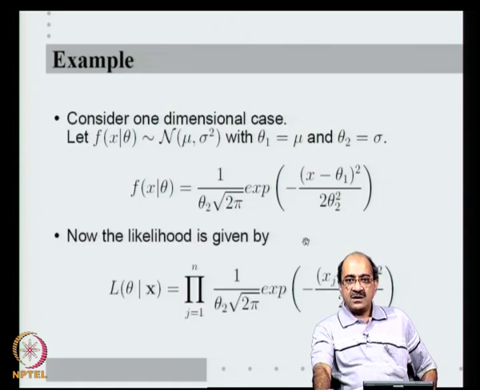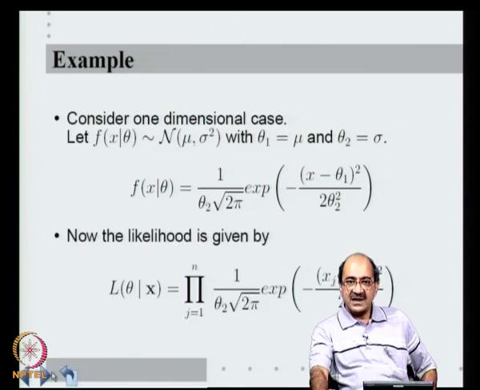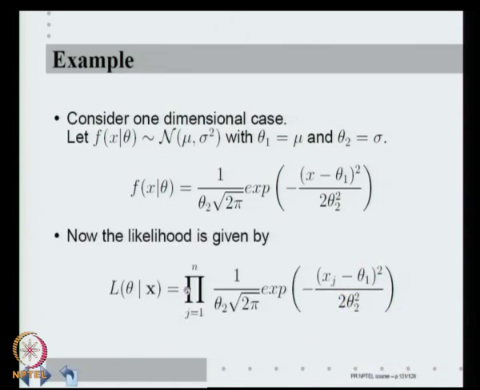Okay. So, what is my likelihood? L theta given x is the product over j is equal to 1 to n of f of x j given theta, where f of x j given theta is the same expression with x replaced by x j. Now, what will be the log likelihood? It is the log of this. The log of this will be a sum, and the log of the product will be the log of the first term plus the log of the second term; the log of the exponential will be only what is inside the exponential.